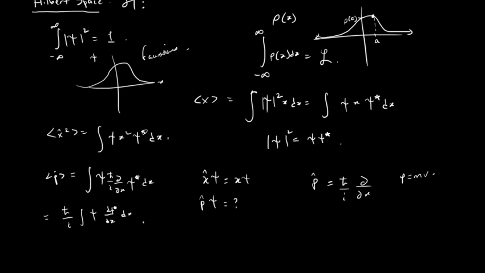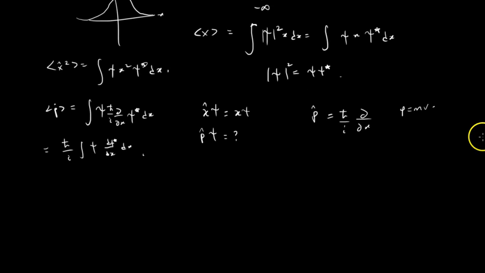And this is where we can generalize at this point. We can generalize it for some arbitrary expectation value, let's say q. It can be a function of x or momentum, depending on whether you have the expectation value of x or of momentum.